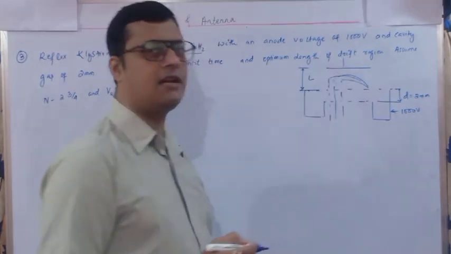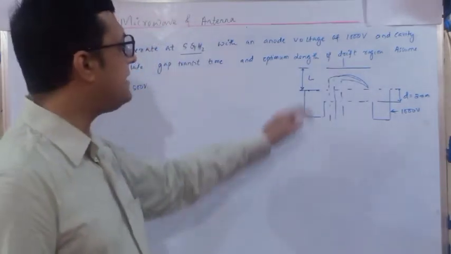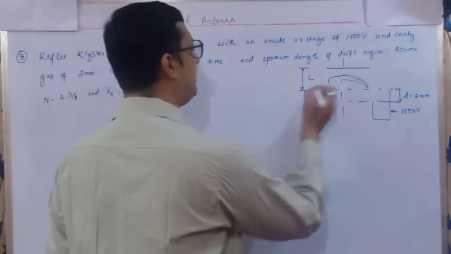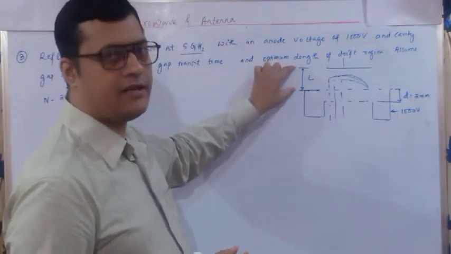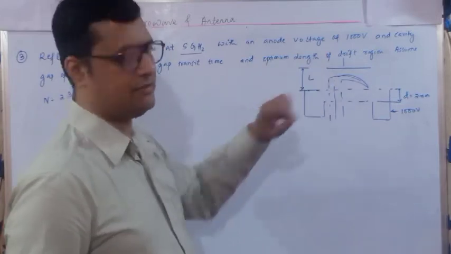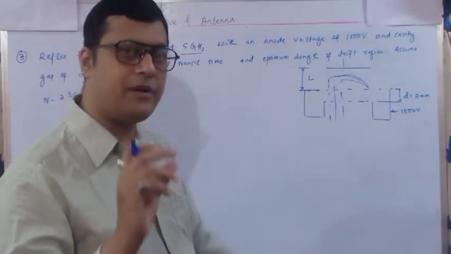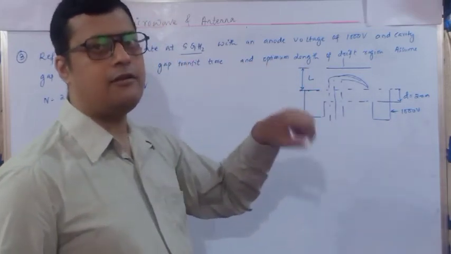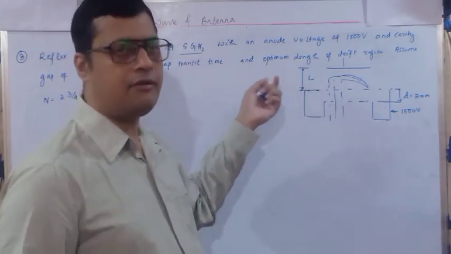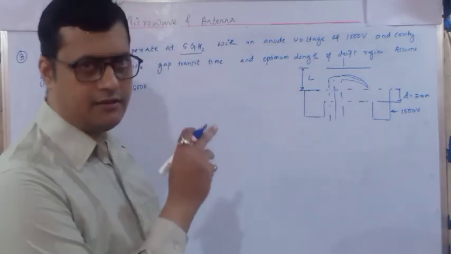Indirectly he is asking about the repeller space, means L. This is our repeller, this is our cavity, and the distance between the repeller and cavity is called the drift region, or it is also called the repeller space. So this is L.